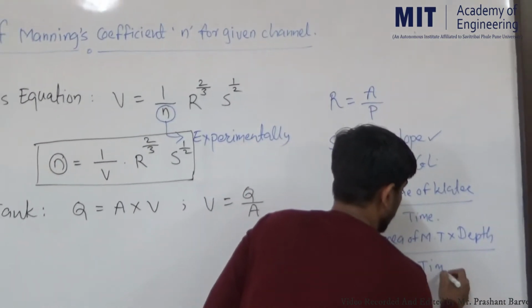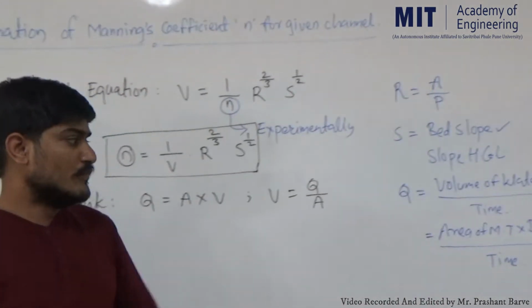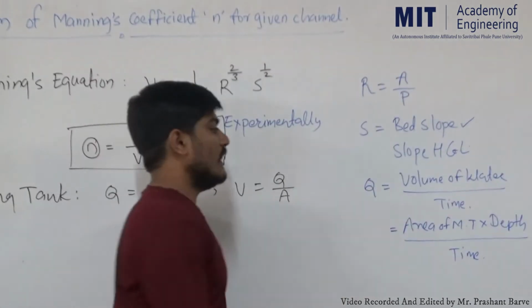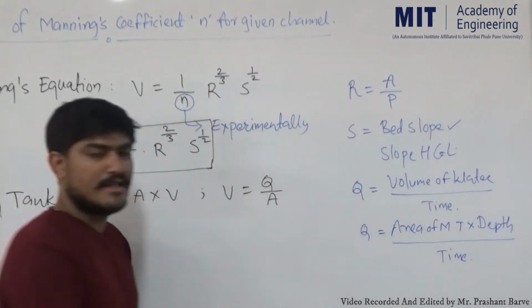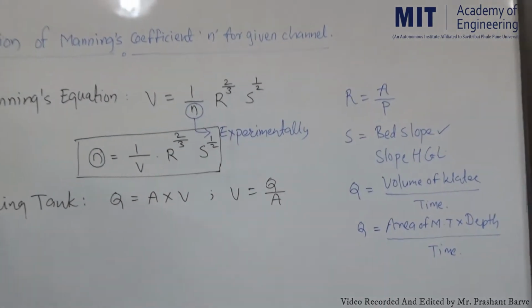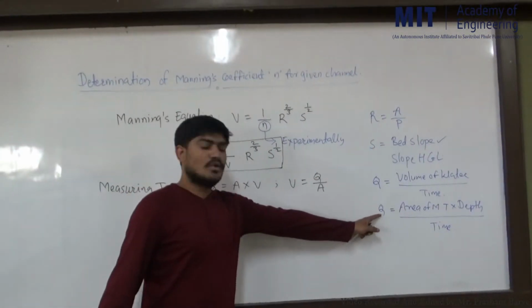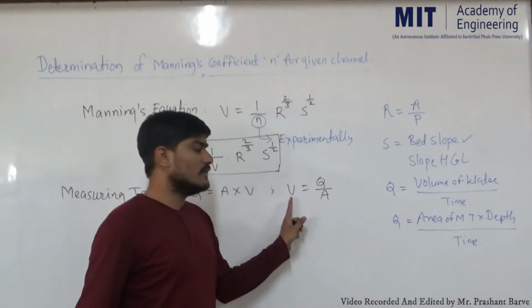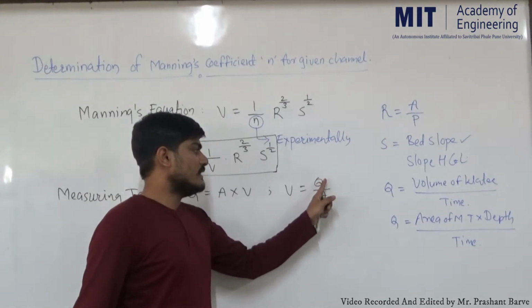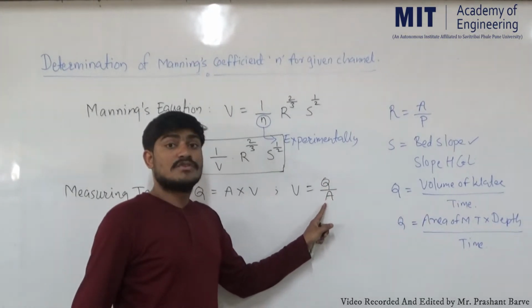Then we divide this by that time. If we do this, we can determine the value of discharge flowing through that channel. And once we know the discharge, we can determine the velocity by dividing the discharge by the area of the channel.